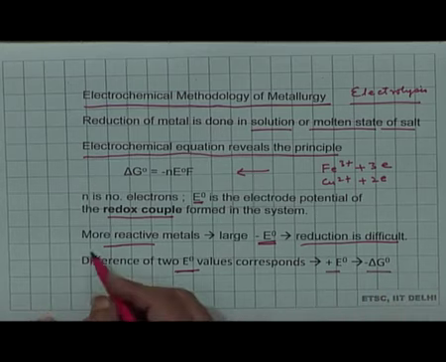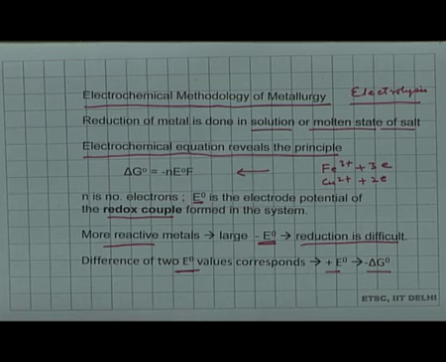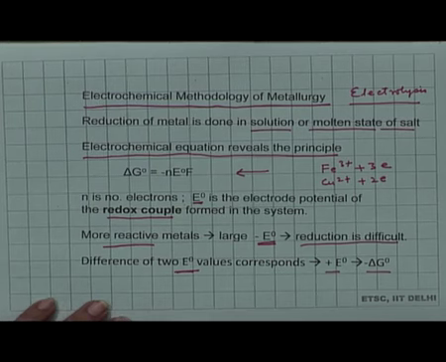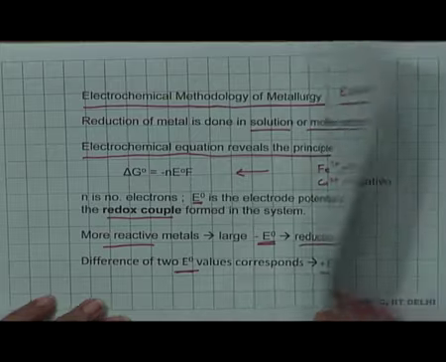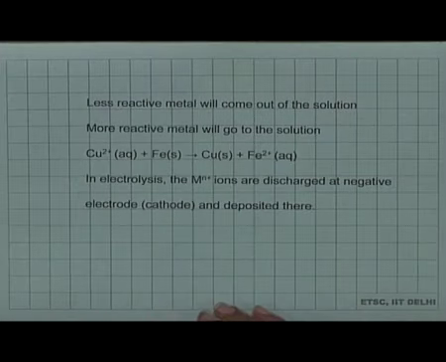This ultimately boils down to the fact that very reactive metals will be difficult to reduce, as they may require very high potential, but those which are less reactive can be easily reduced.